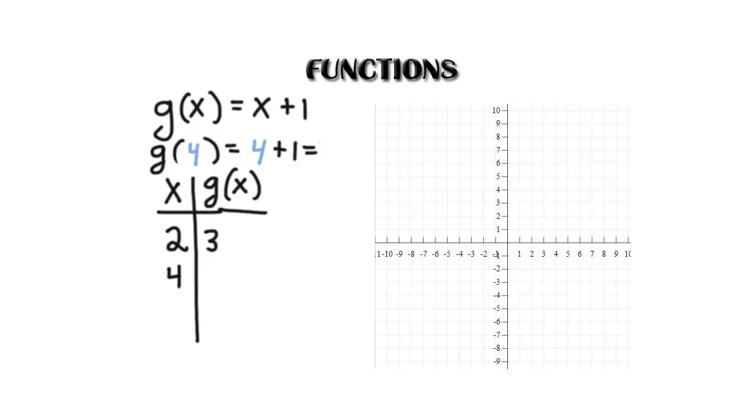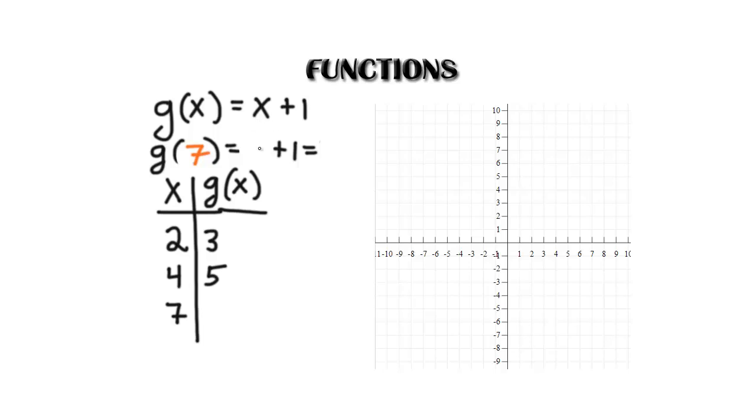So 5 goes here. We can do maybe 7. What if x was 7? Again, the answer will change. So I can say, all right, x is now 7. So here goes 7 for x.